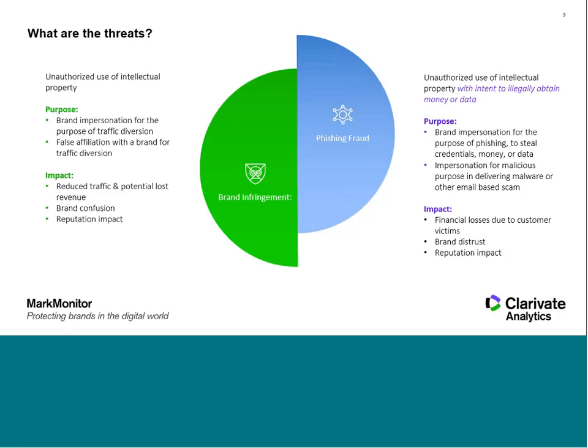Dustin, start us off with the description of brand infringements. Okay, so when we're talking about brand infringement, what we're really talking about is the unauthorized use of intellectual property. WIPO has defined intellectual property as referring to creations of the mind, such as inventions, literary and artistic works, designs and symbols, names and images used in commerce.